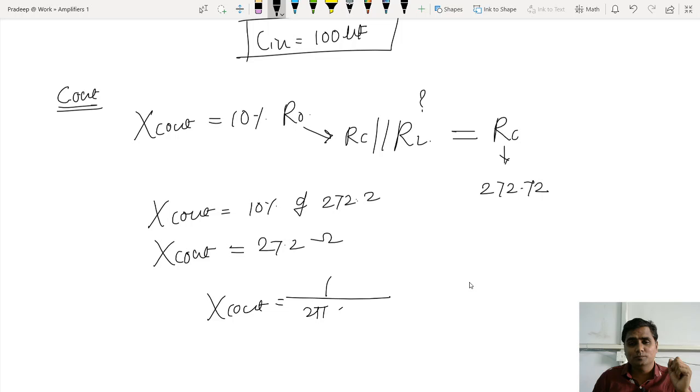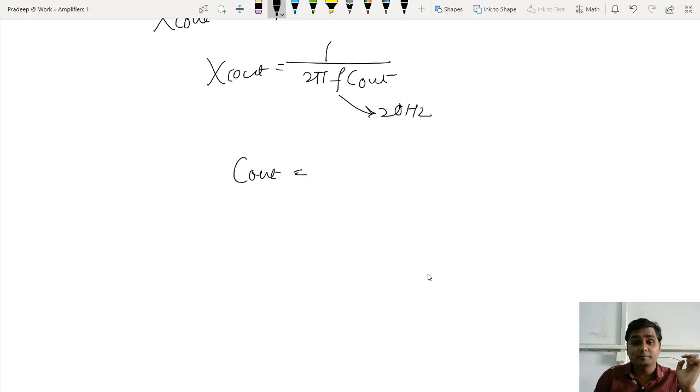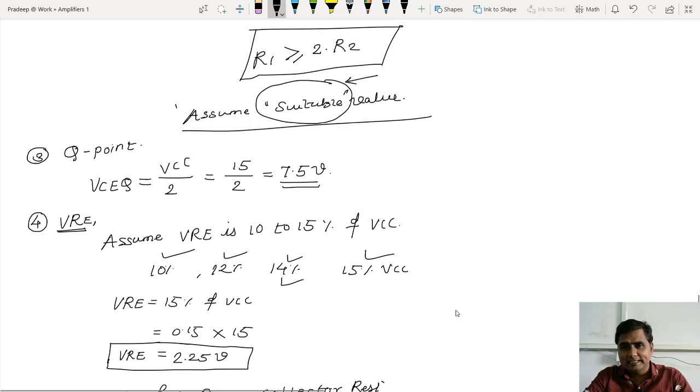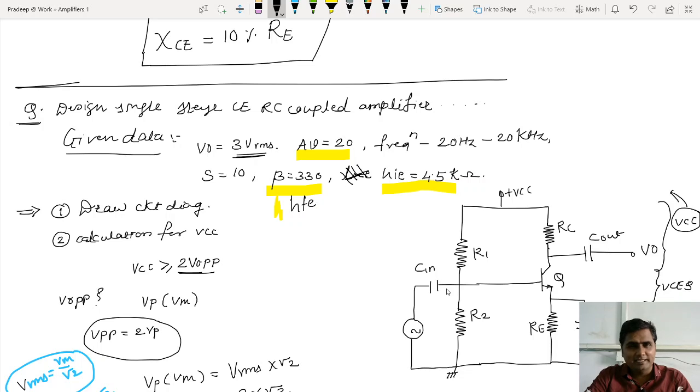Oh, we forgot the main character of the circuit, that is the transistor. So selection of the transistor is not a big deal because everything is given.